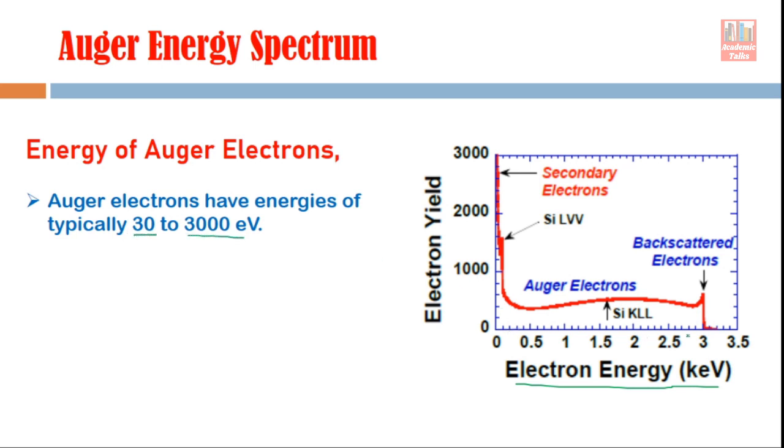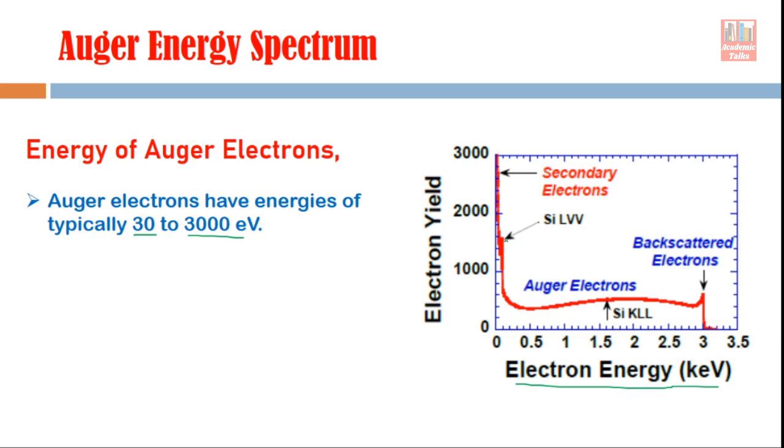You have seen in case of scanning electron microscope that the backscattered electrons have energy near about 3 kilo electron volt, or 3000 electron volt, and secondary electrons, which are also part of SEM, have energy of a few electron volt.